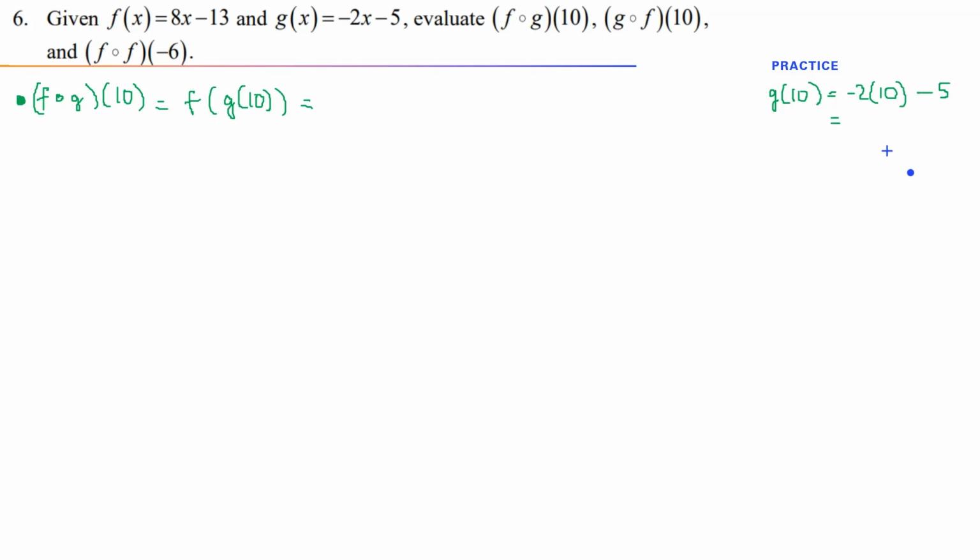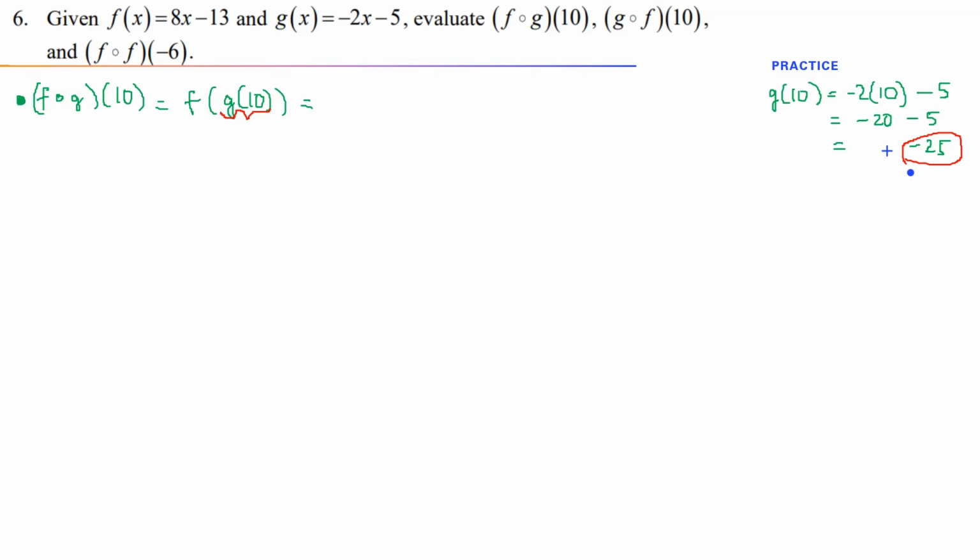That equals negative 20 minus 5 equals negative 25. So we plug in the value of g of 10 here. The value is negative 25.